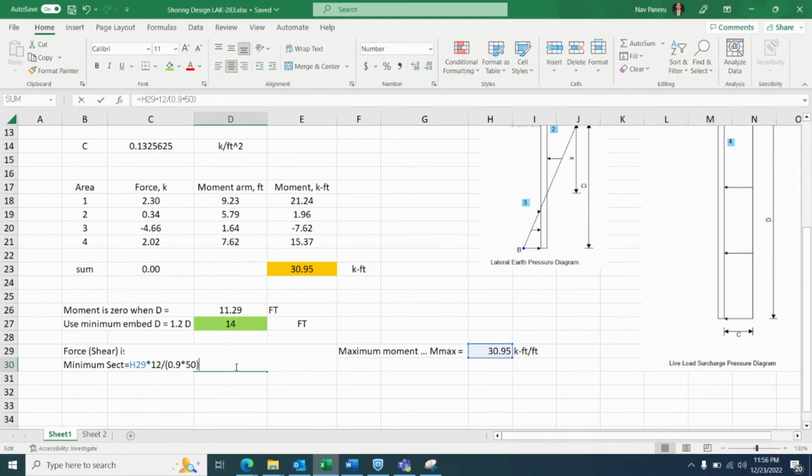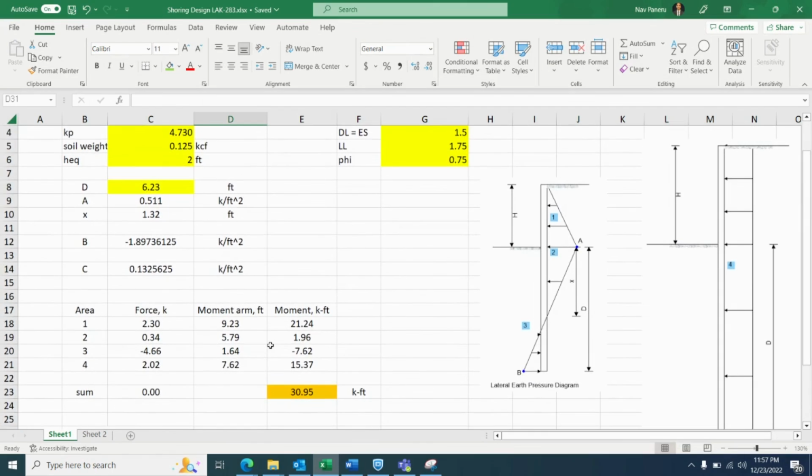I have this section modulus equation here. Since it's in cubic feet per feet, I'll multiply that moment by 12, and then divide it by 0.9 times 50. 50 is the yield strength of the steel material used as a seat pile, and 0.9 is the strength reduction factor for cantilever sheet piles.